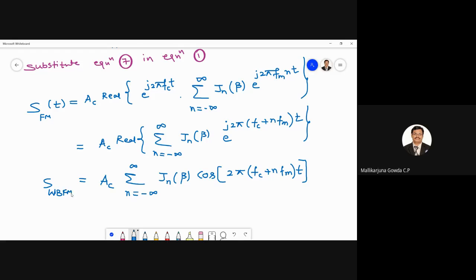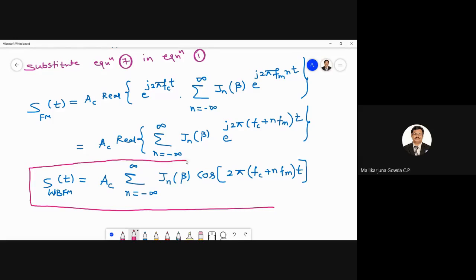Can anyone say in what way this expression is different when compared to the narrowband FM? Looking at the expression, let me call this equation 8.